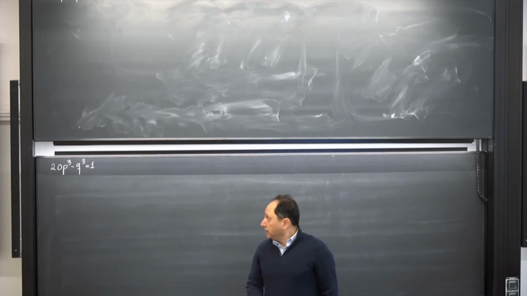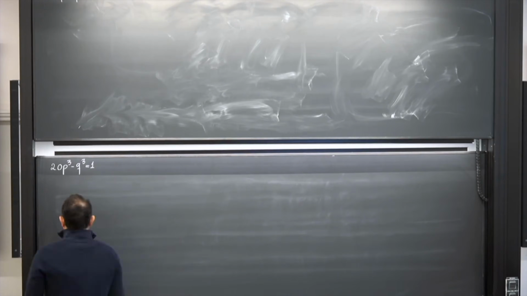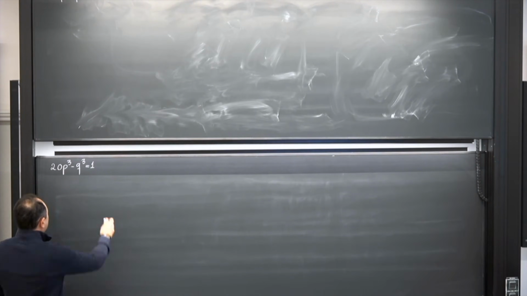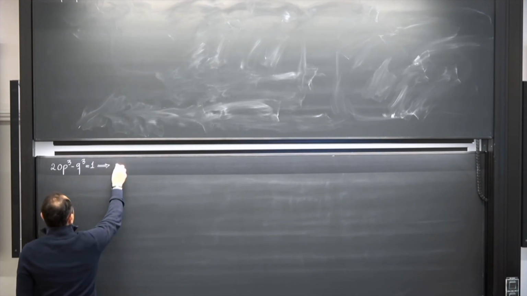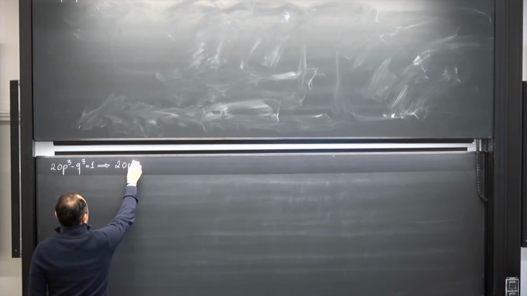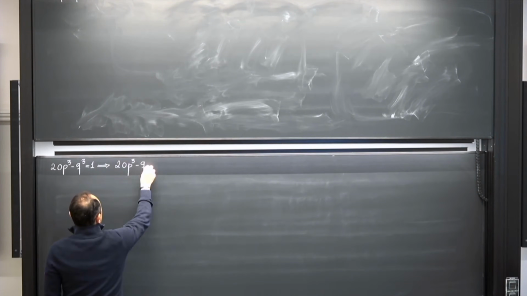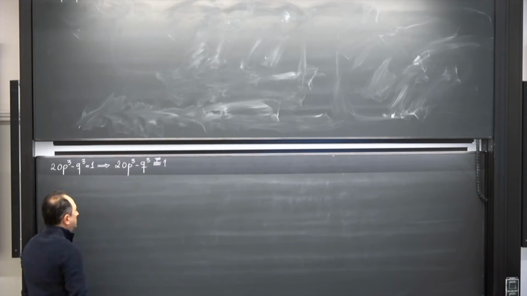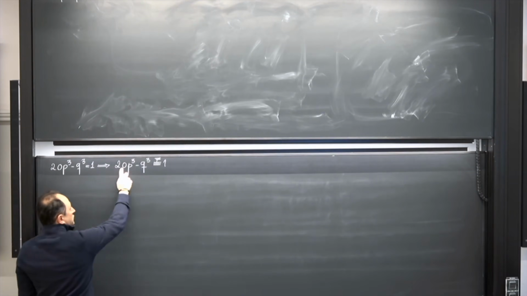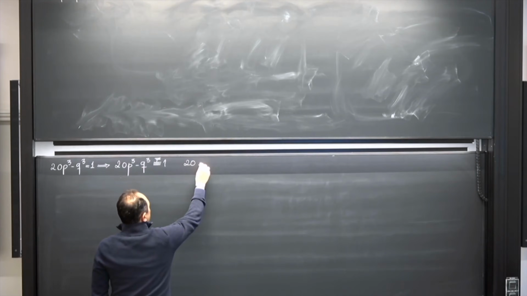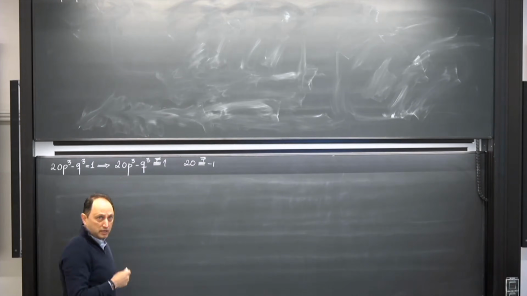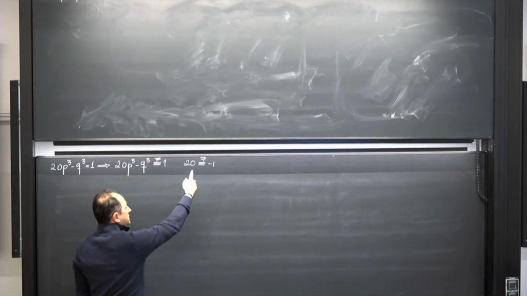Okay, so now let us solve the problem. As I have provided you the hint, it is good to go to modulus 7. From here I can conclude that 20p^3 - q^3 is congruent to 1 modulo 7. But we also know that 20 is congruent to -1 modulo 7 because 20 minus (-1) is 21 and 21 is divisible by 7.